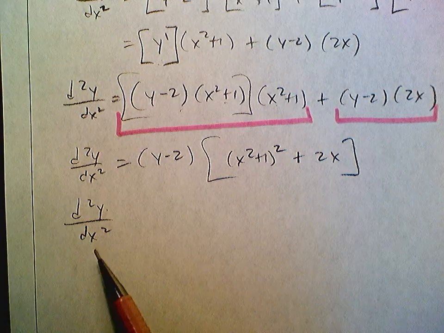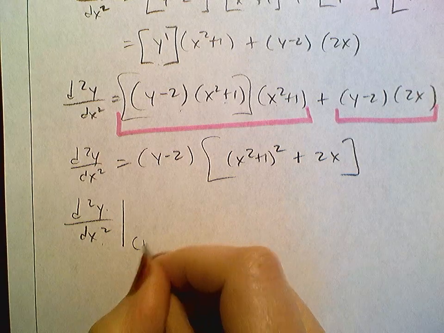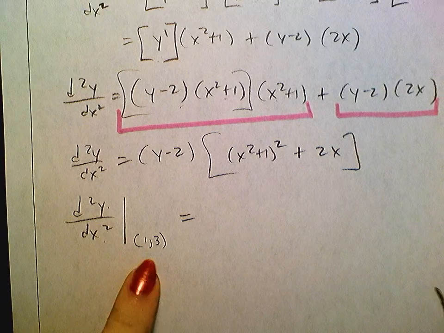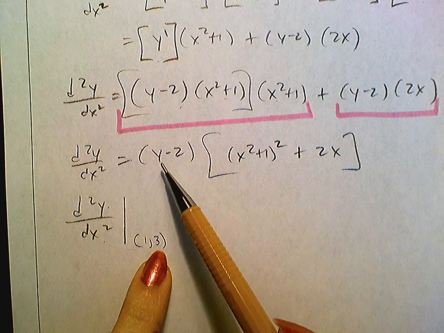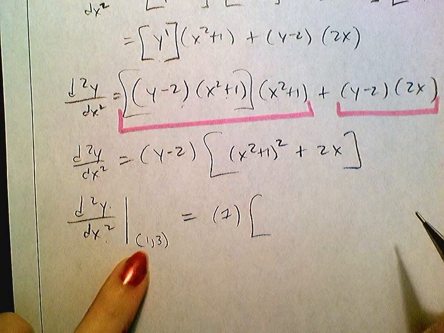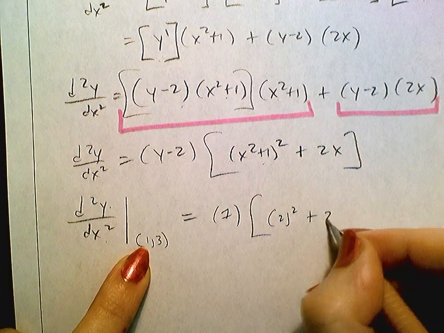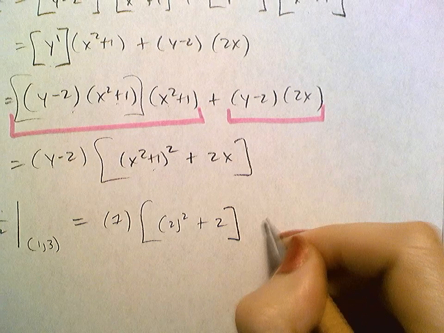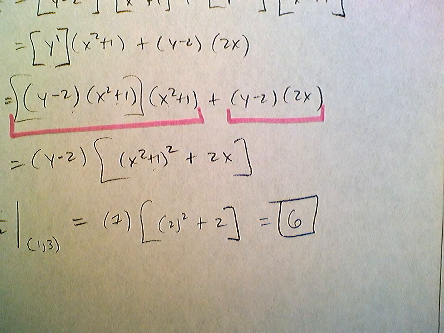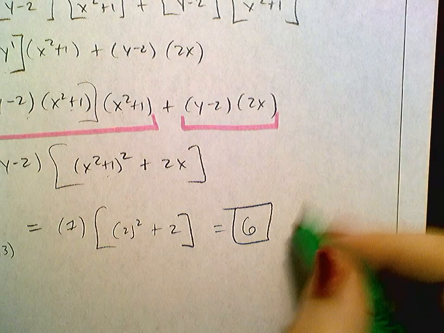The second derivative of y with respect to x evaluated at 1, 3, and that's equal to, okay, so 3 goes in there, and I get a 1. 1 goes in here, and we get 2 squared plus 2. So this is equal to 6. So we get 2 points for that.